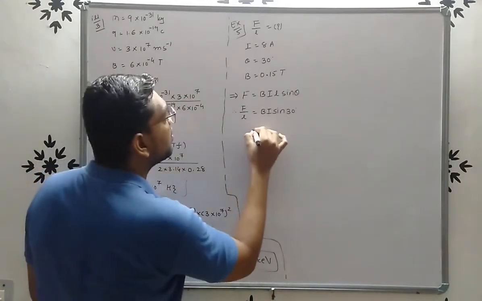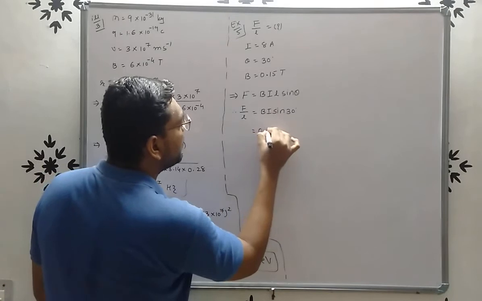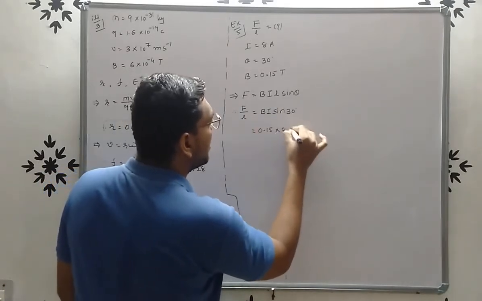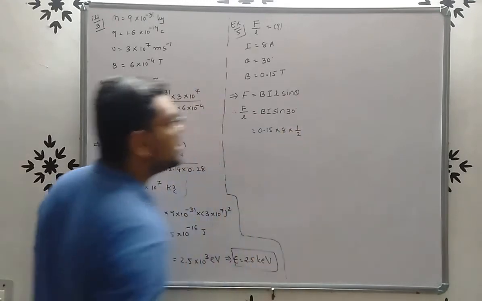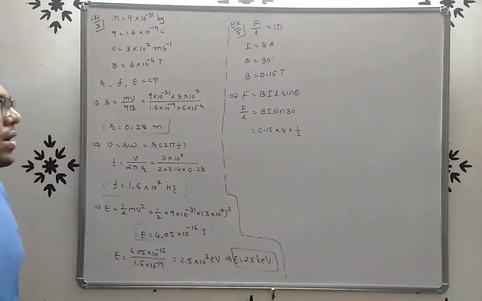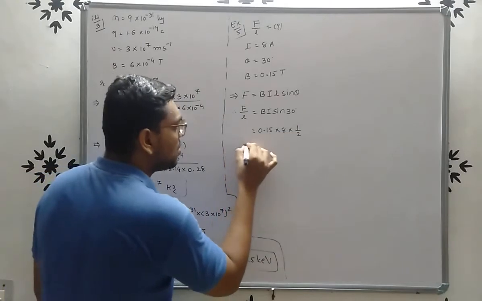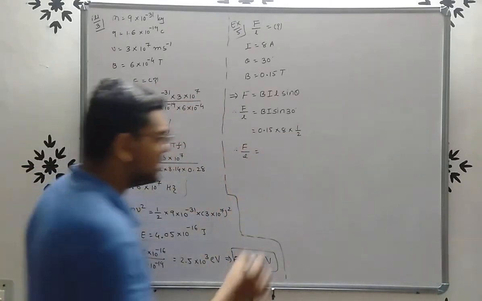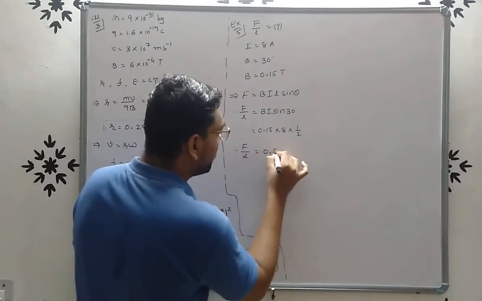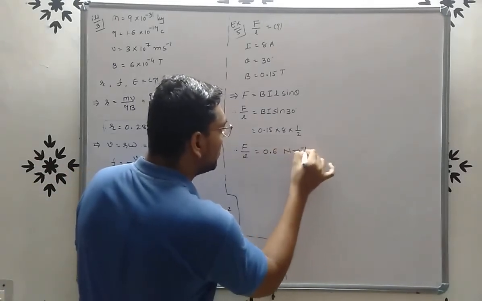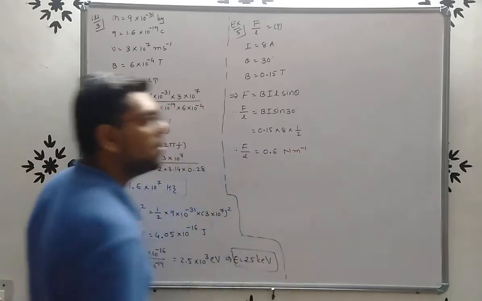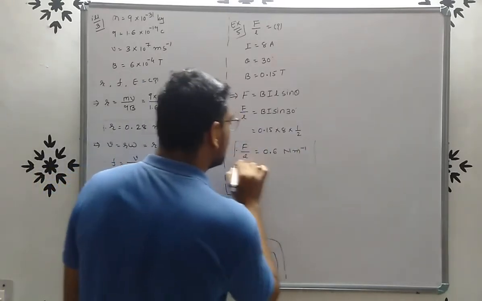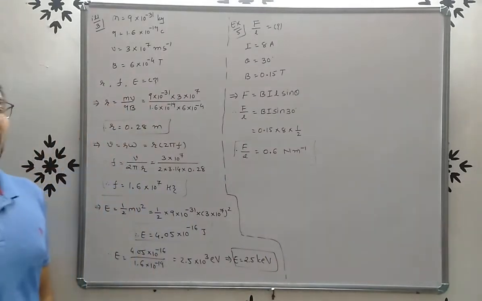We know the value of B, that is 0.15, the value of I is 8, and the value of sin 30 is 1/2, right? If you solve this, you get force per unit length F by L equal to 0.6. The unit of force is Newton and length is meter, so force per unit length is 0.6 Newton per meter, right?